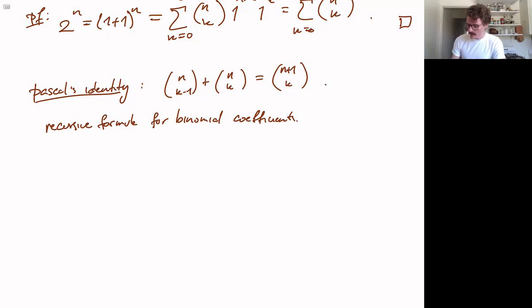It is convenient to write them in a triangle. And you may have heard of this, it's called Pascal's triangle.